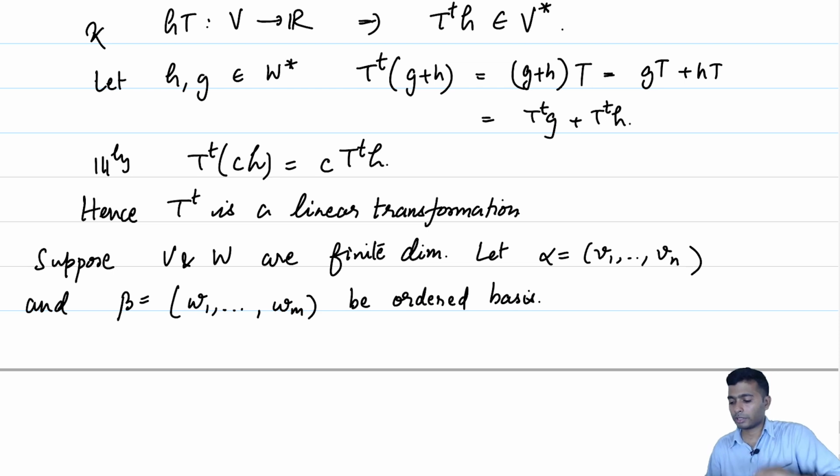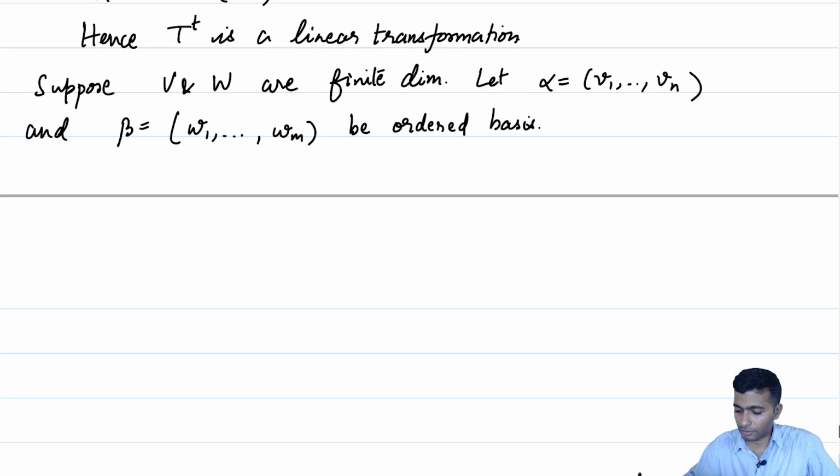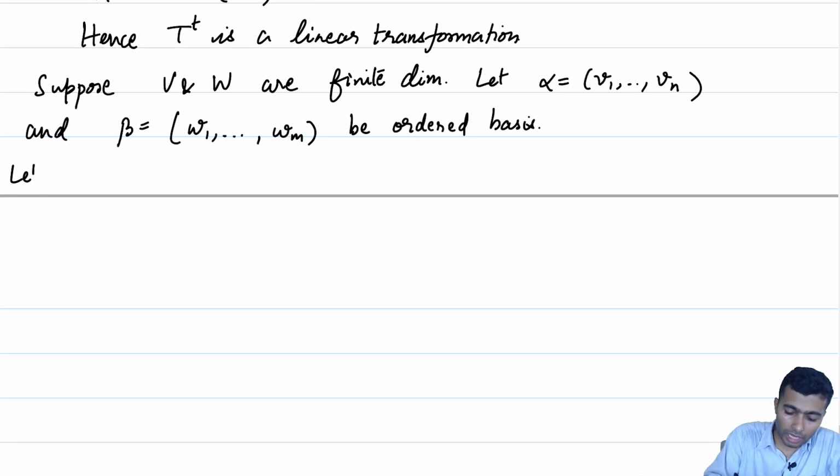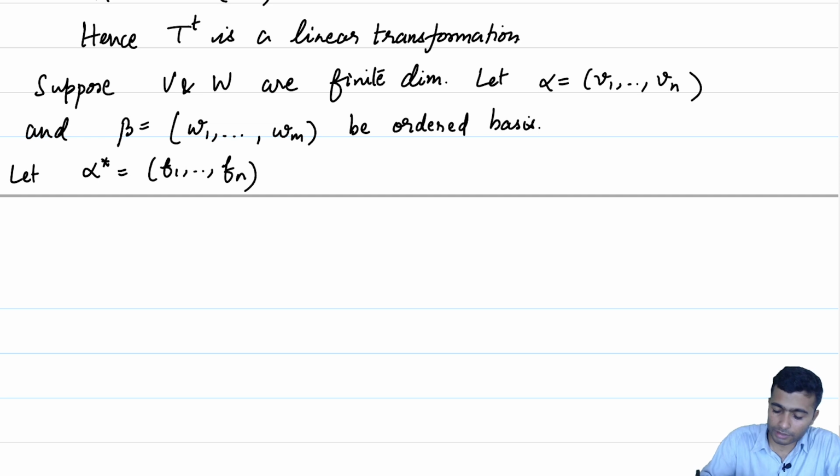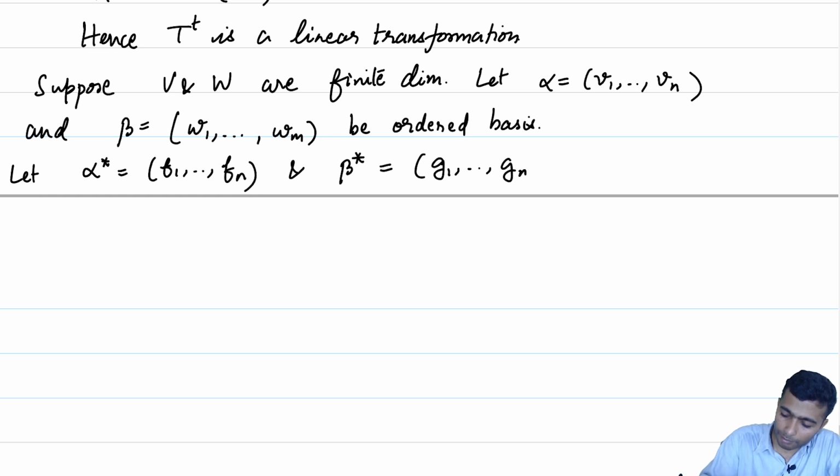And let us now consider the corresponding dual bases. So let alpha star be equal to F1 to Fn, it will be n of them because V is n dimensional by assumption, and beta star be equal to G1 to Gm.